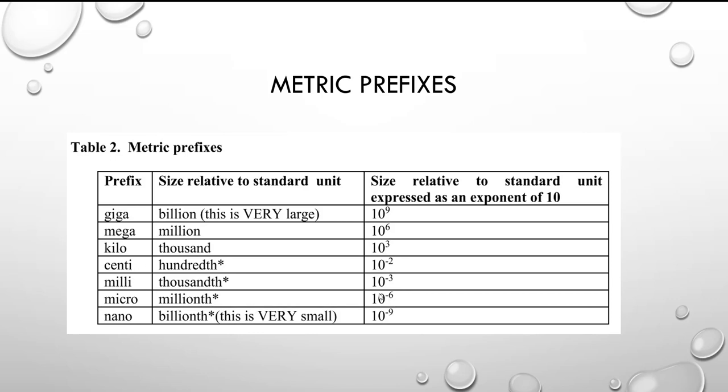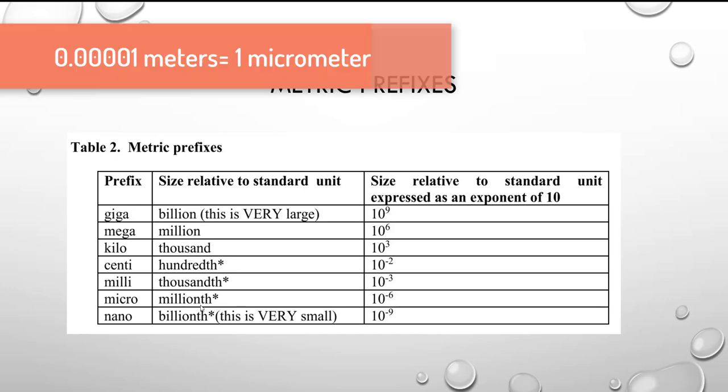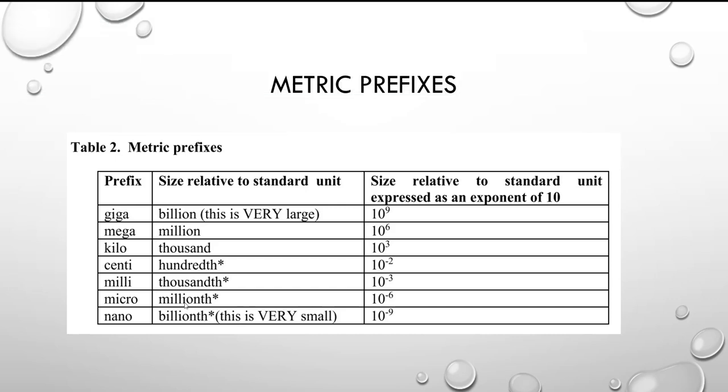Micro is adding 3 more zeros, to the millionth, okay? Nano is the billionth. As far as the purposes of this class, we just need to know these 5 prefixes. You don't really need to know these guys up here. So kilo, centi, milli, micro, and nano. Kilo would be 10 to the third, or 3 spaces out to the left of the decimal point.